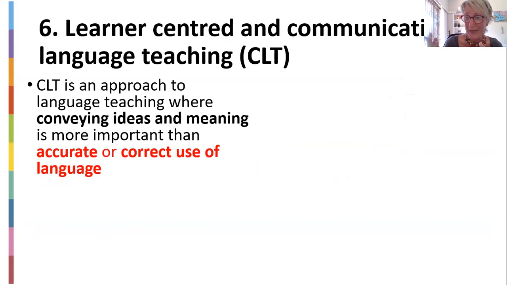And this is more important than getting the grammar right, okay. So if I can say, I'm going with you and you understand me, that's fine because you've conveyed your idea and meaning. So it's not about grammatical correctness, it's more about getting your meaning across. So CLT is giving your students a chance to make errors, but speak in a meaningful way.